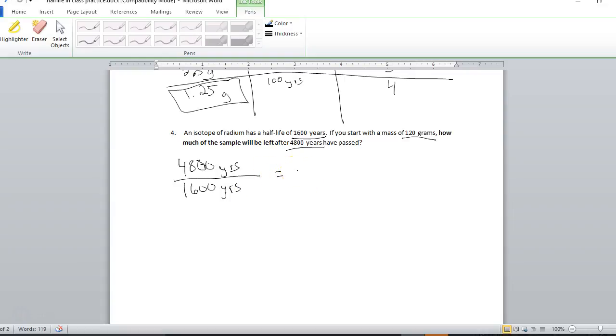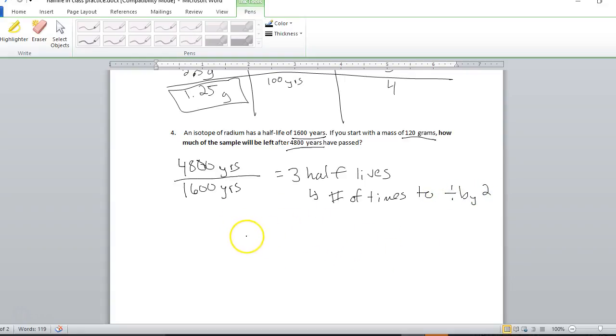So if you do 4800 divided by 1600, you would get 3 half-lives. That tells you the number of times to divide by 2 for your mass.